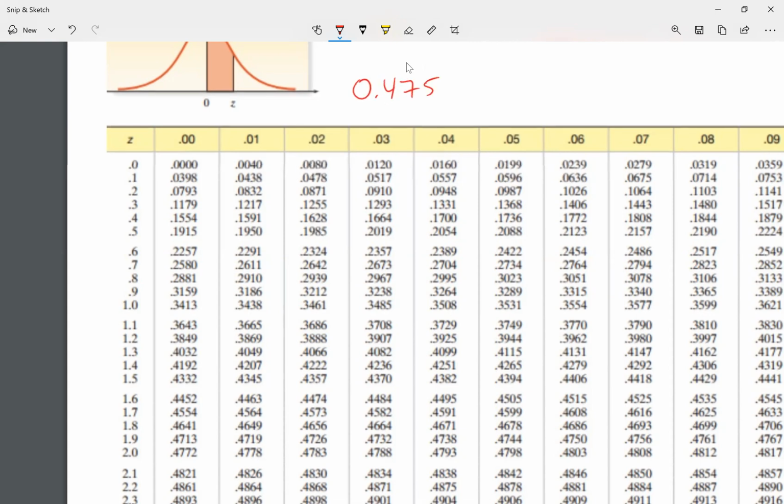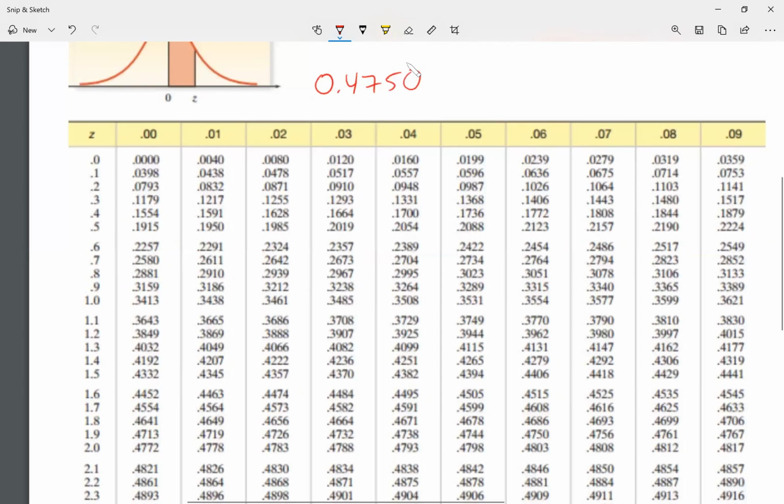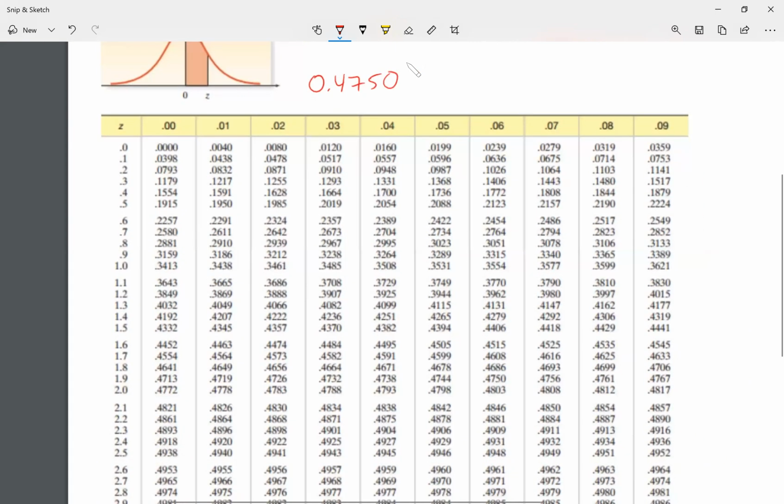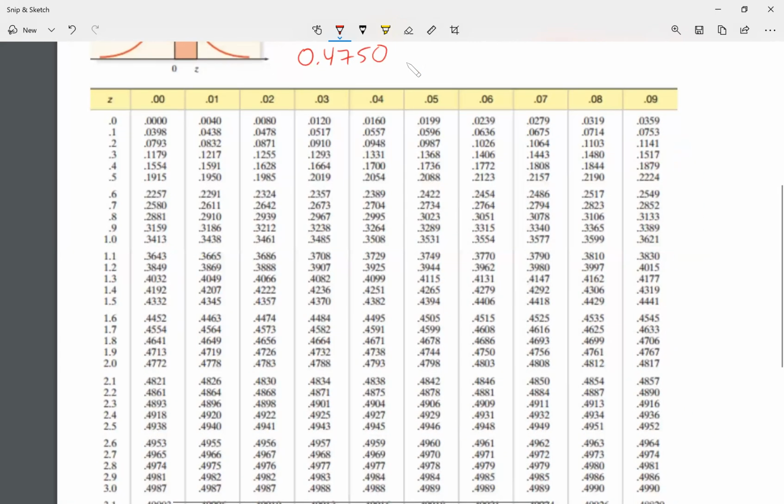When I look at this as 4 decimal places, 0.4750. So let me take a look at these. Where is that probability? It has to be somewhere here. It's right there. You guys see 0.4750.